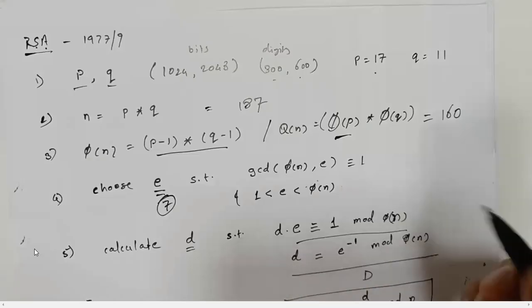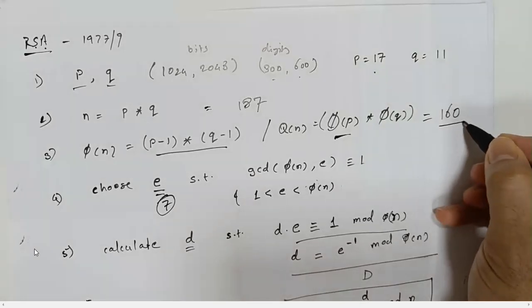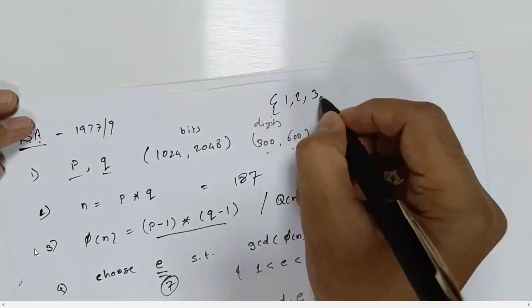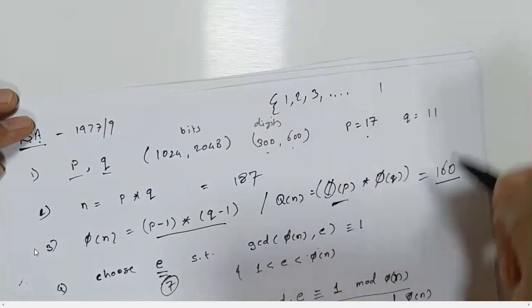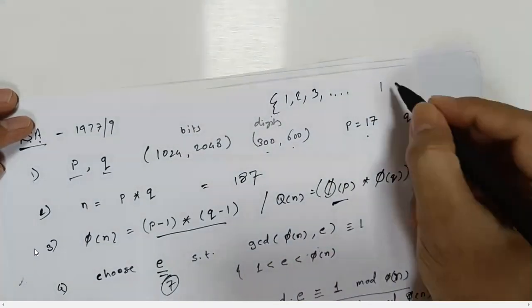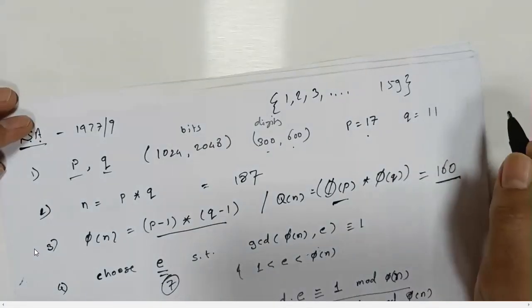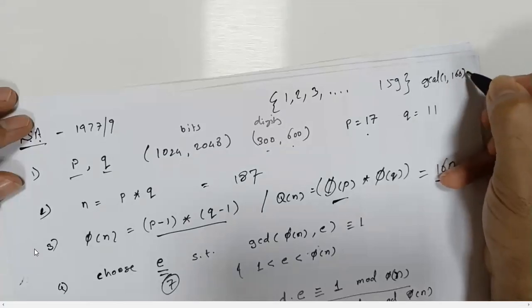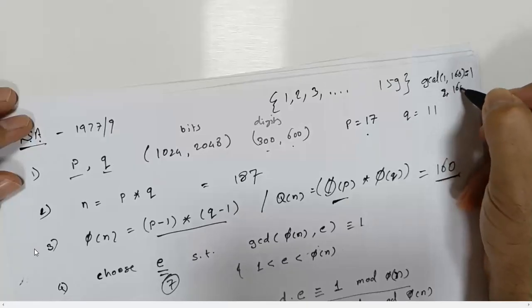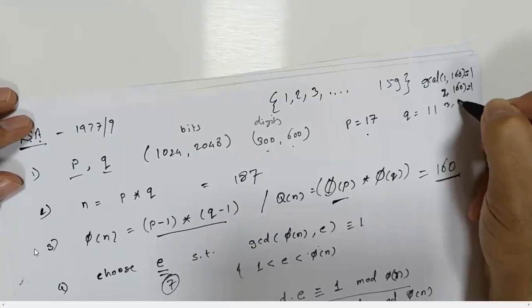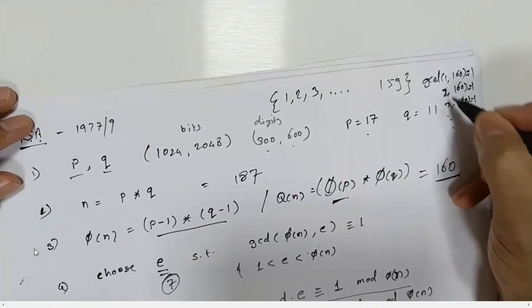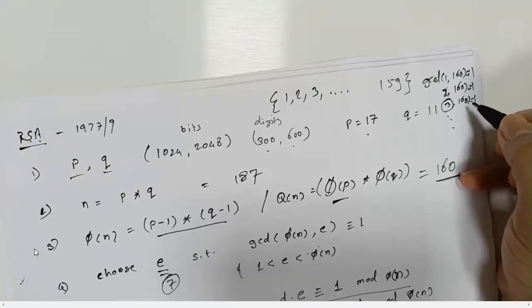For the set having 1, 2, 3, and so on till 159, GCD of 1 and 160 is equal to 1, 2 and 160 is equal to 1, 3 and 160 is equal to 1, and so on. You can consider any number as a public key.